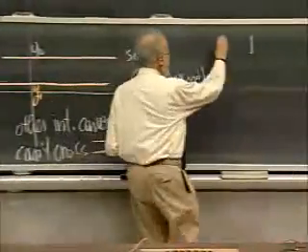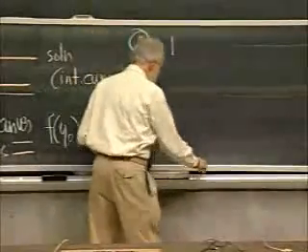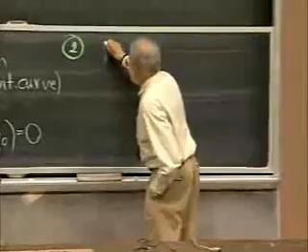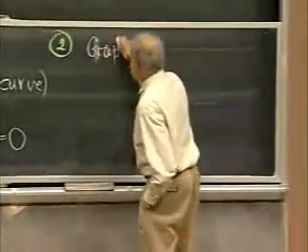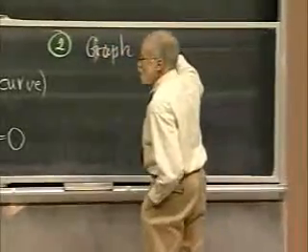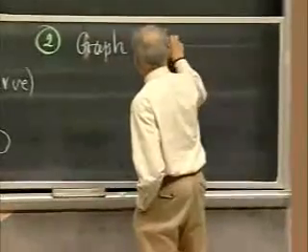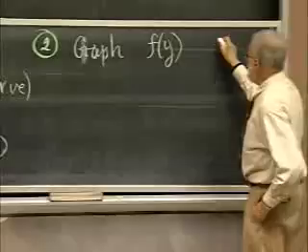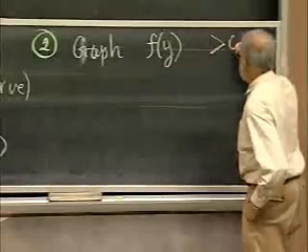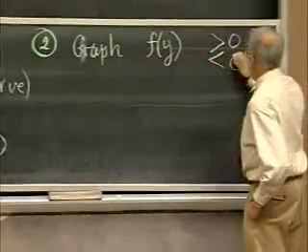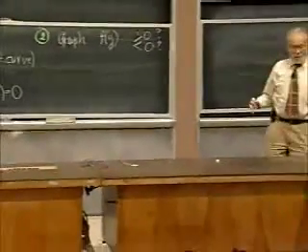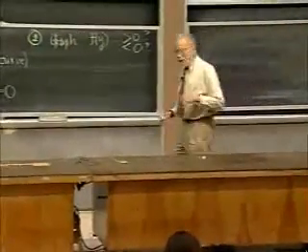Once you've done that, you're going to draw the graph of f of y. The interest is going to be, where is it positive? Where is it negative? You've already found where it's 0. Everywhere else, therefore, it must be either positive or negative.